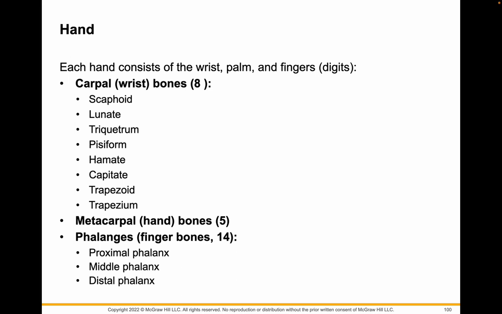There's a bunch of different ways. I think in the PTA program, the students come up with their own way to memorize these, but it's the scaphoid, lunate, and I can't say that one, pisiform, hamate, capitate, trapezoid, and trapezium.